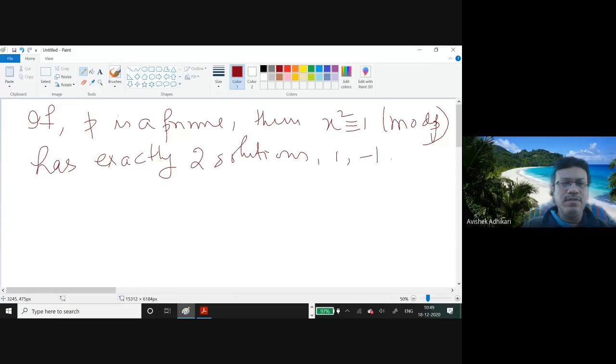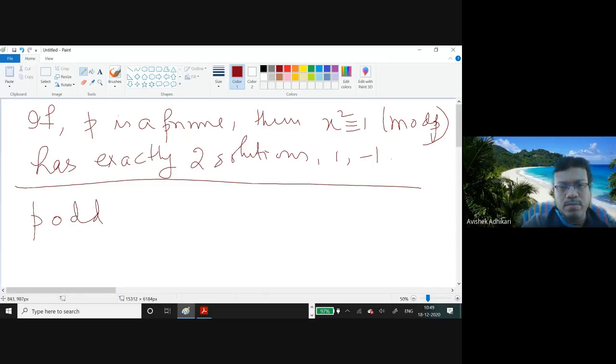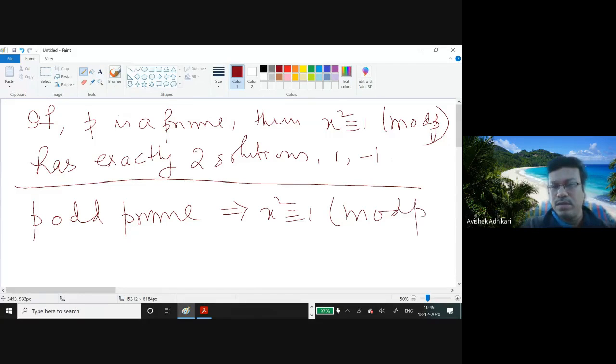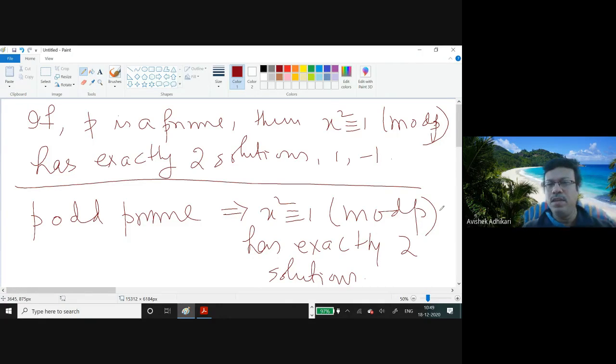So we can state it like this: P odd prime implies x square congruent to 1 mod P has exactly two solutions modulo P.